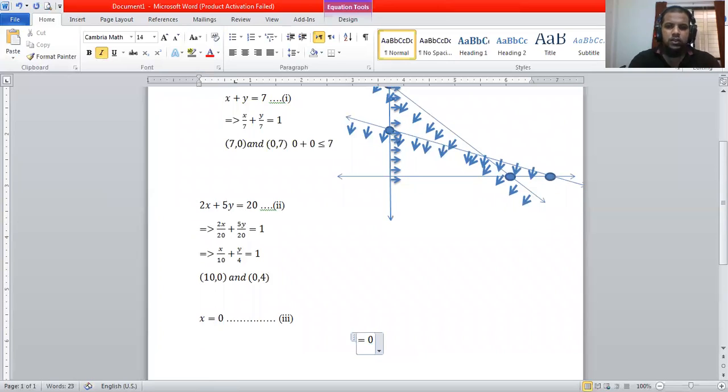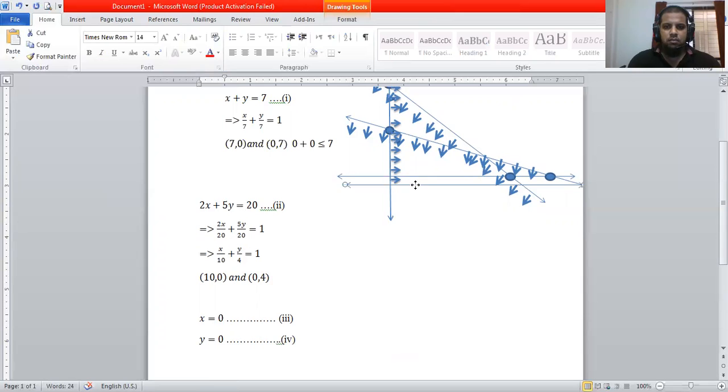And the x axis is what we just redraw. And the arrow sign, as it is greater than 0, that's why the arrow sign should be put.